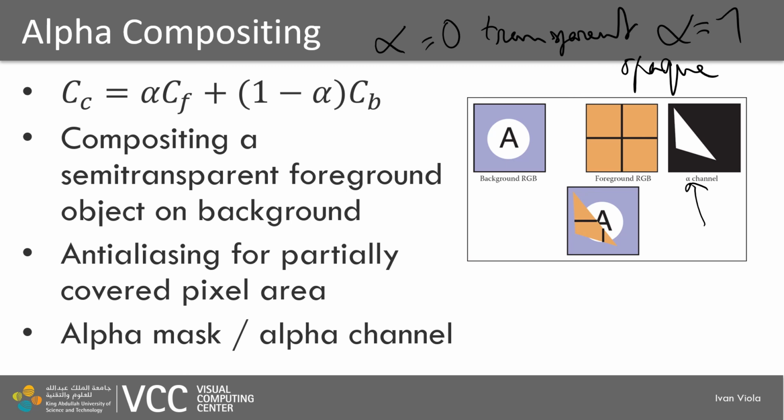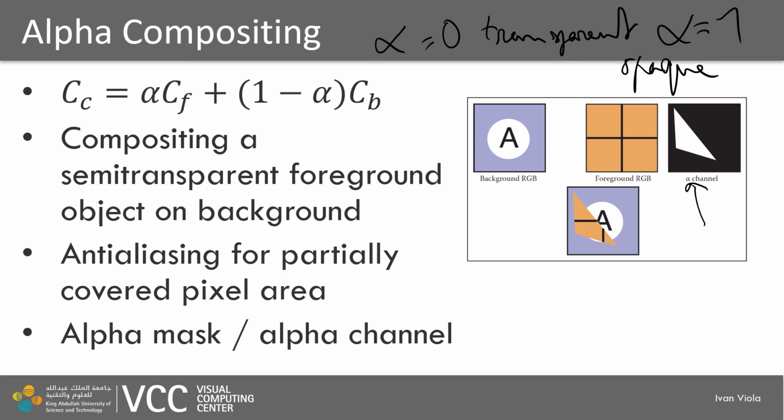And this process we can term alpha compositing. Now we were using only two values of alpha, alpha equal to 1 and alpha equal to 0. But in fact, we can use the entire spectrum of alpha. It will often be a channel encoded by 8 bits.